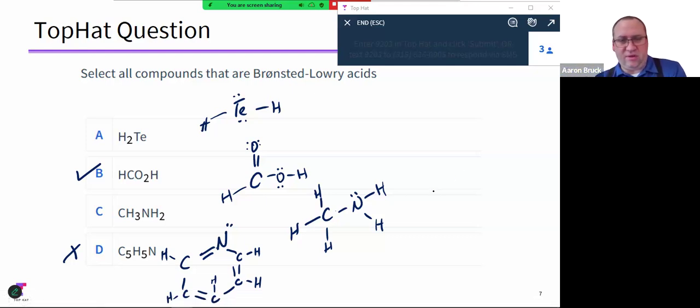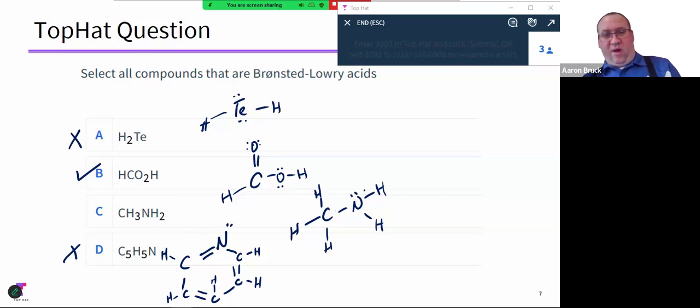And then for the other two, well, here's where it gets a little bit tough. Tellurium's not terribly electronegative, so we're going to have problems with electronegativity difference for bonding. First instinct would be that this one's no good.